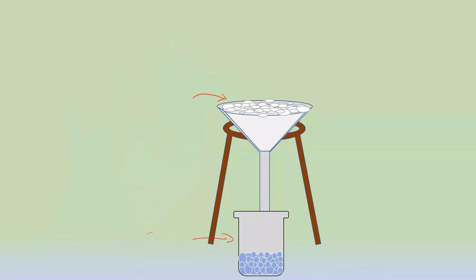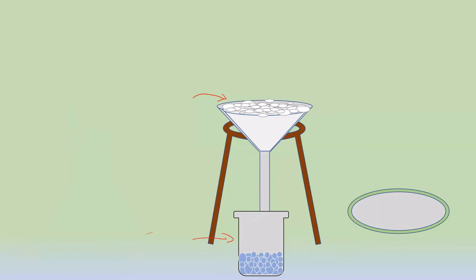I'm supposed to dry this product, so transfer it to the watch glass. But before you transfer it to the watch glass for the drying purpose, I advise you to clean this watch glass first, make it dry, and note down the weight of this empty watch glass, so that later on calculating the practical yield will be convenient for you.